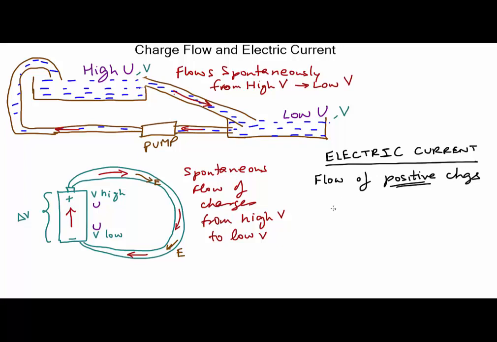And mathematically, current, which is written as I, so let me show that over here as well, is defined as the amount of charge flow, delta Q, divided by the time it takes for that charge to flow through one point in the circuit, delta T. So it's the time rate of charge flow.